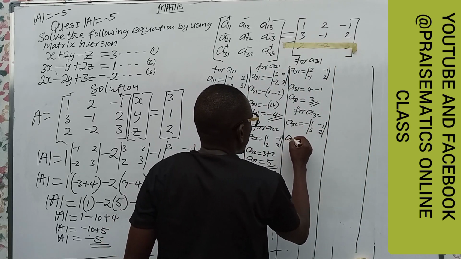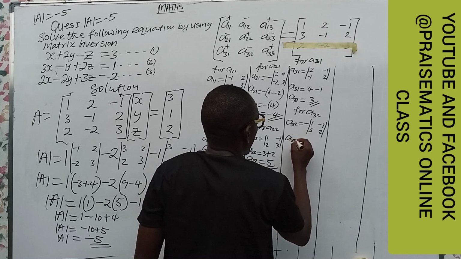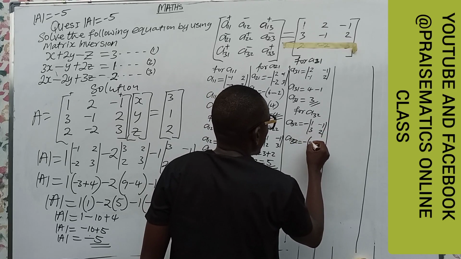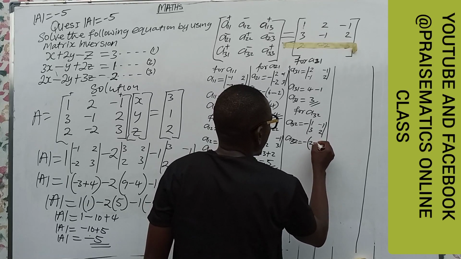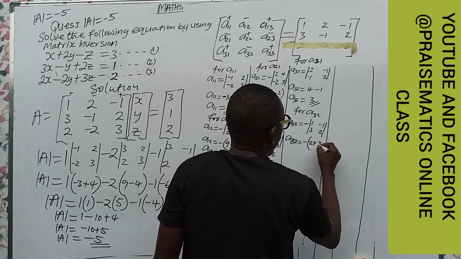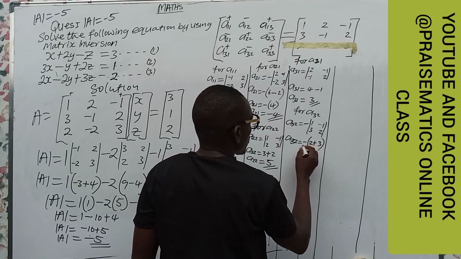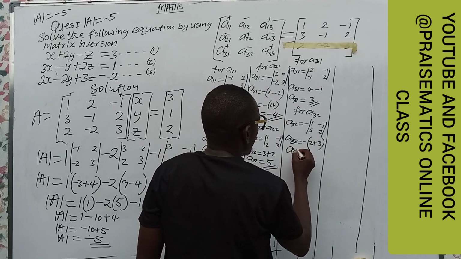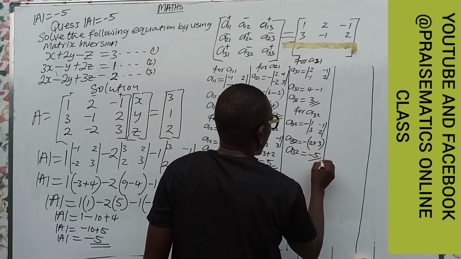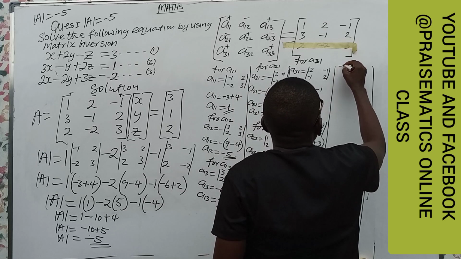So A32 equals minus into 2 times this, which is 2, minus 3 times this, which is minus, gives us 3 plus. So A32 is equal to minus 5. Close it.